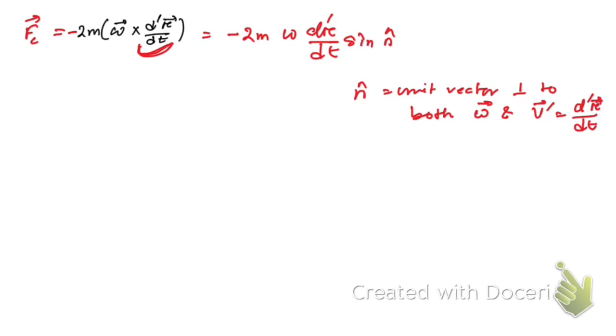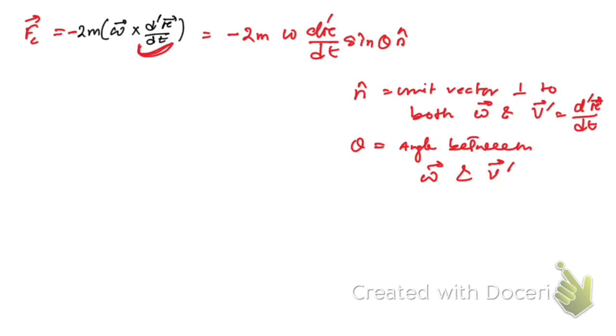Sorry, let me write one more thing. There should be a theta here. Let theta be the angle between omega and v dash, right?